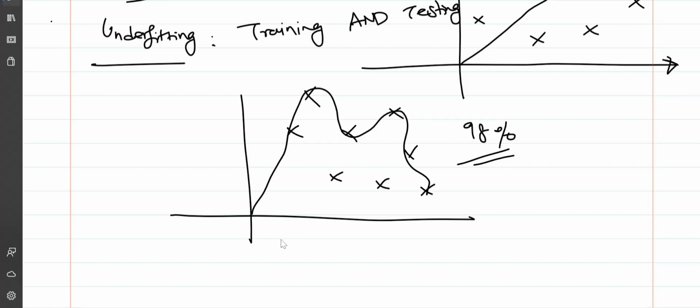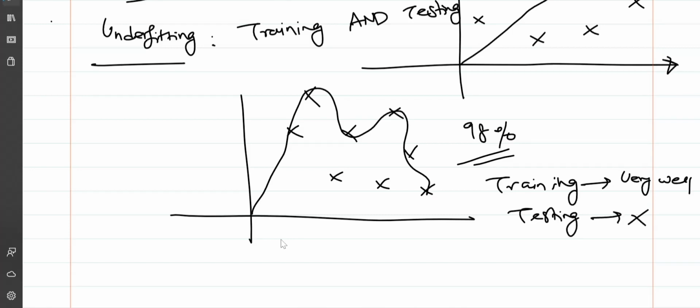This is caused when the features are too many and there is no regularization. So training data is predicted very well and testing data is predicted horribly. The accuracy on the testing data is very bad. This condition is known as overfitting. So we work with regularization.